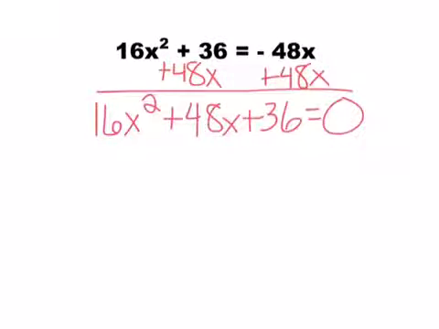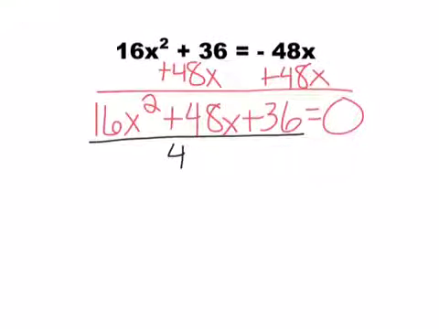And when I look at all those numbers, I noticed that they're all even. So remember, if you have a leading coefficient, check if you can factor anything out. When I think about the numbers 16, 48, and 36, I know that all three of those numbers are divisible by 4.